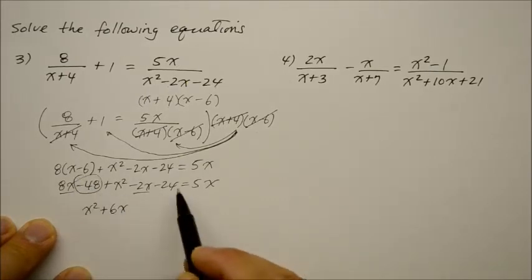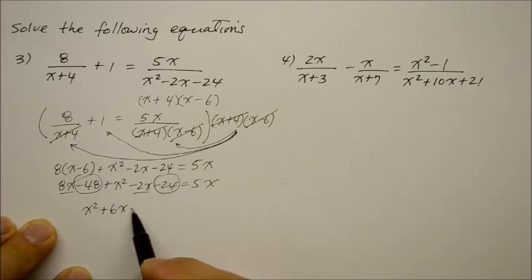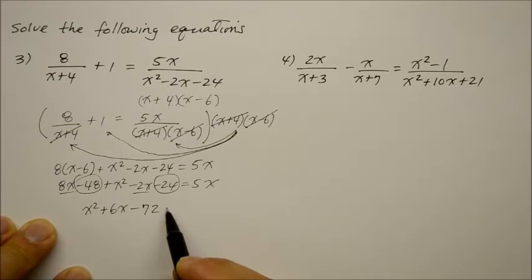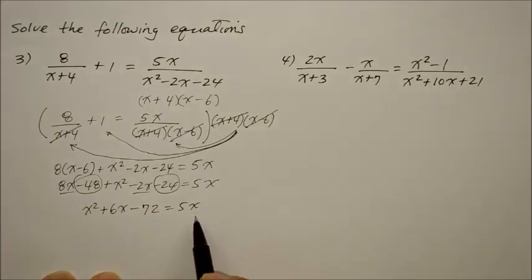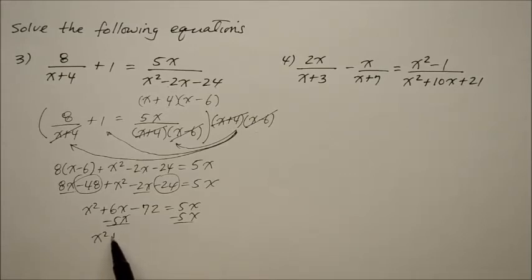The constants, negative 48 and negative 24, gives me minus, what's that, 72? Is equal to 5x. I see what is going to happen here, we're going to get a quadratic equation. Bring the 5x over. So we have finally x squared plus 1x minus 72 is equal to 0.